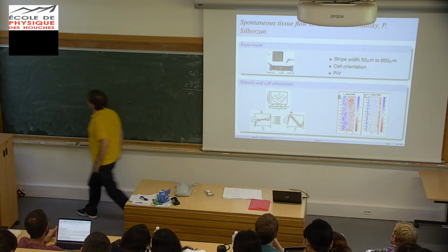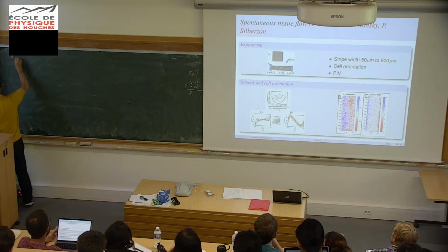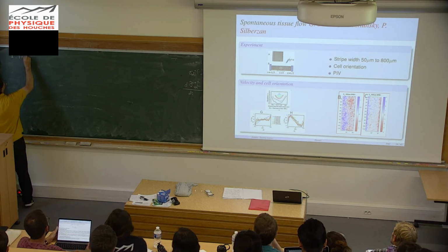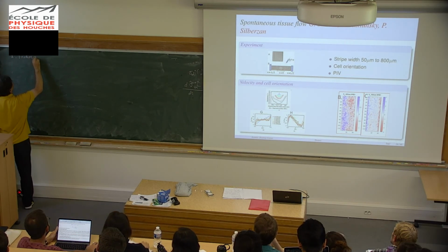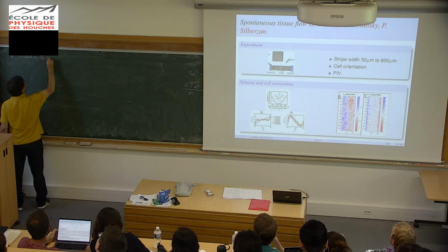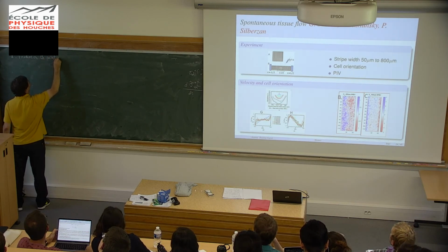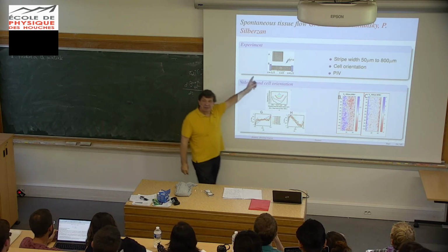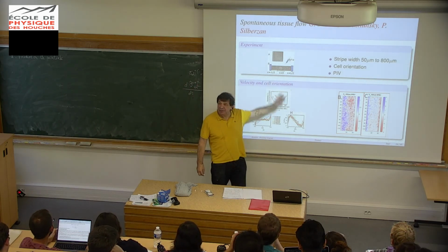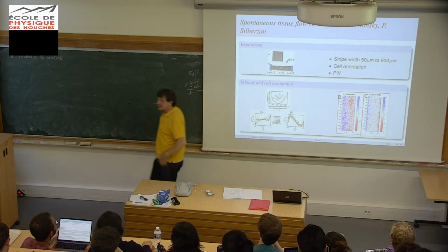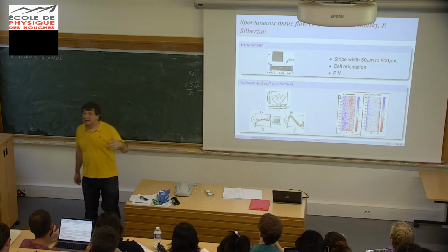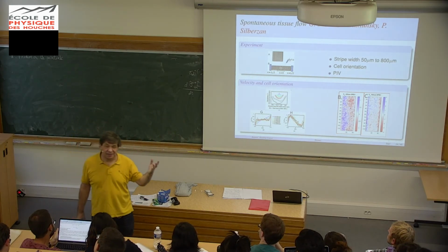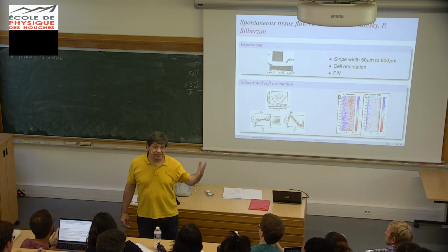So there is friction of these cells on the substrate which is below. They move with respect to the substrate. Now what this does from a physical point of view is that the divergence of the stress is non-zero. The divergence of the stress is the friction force.